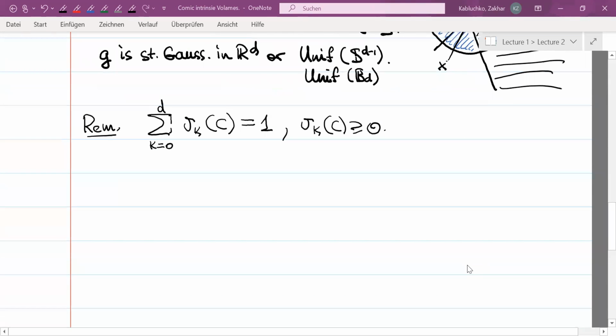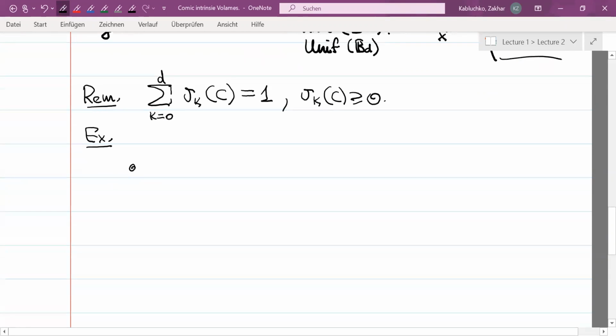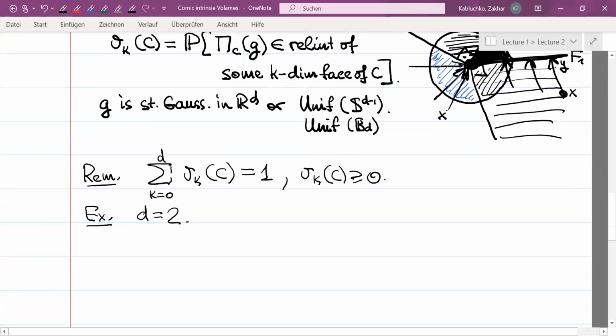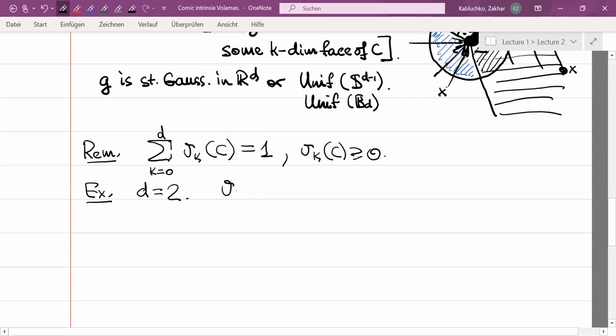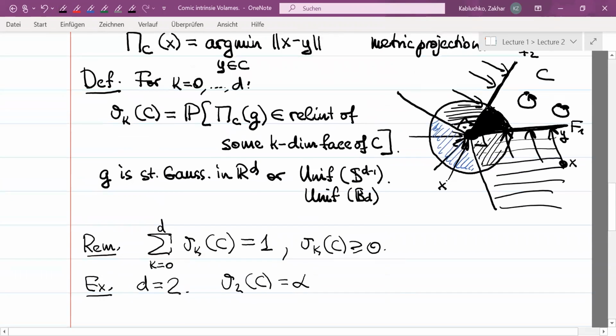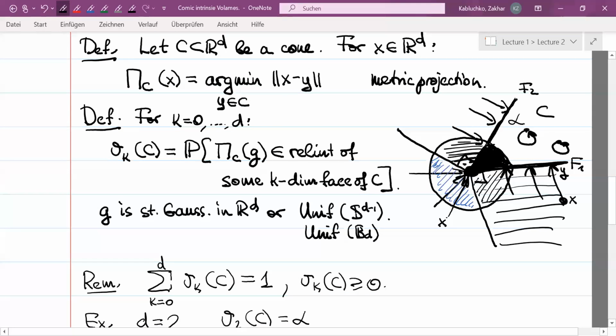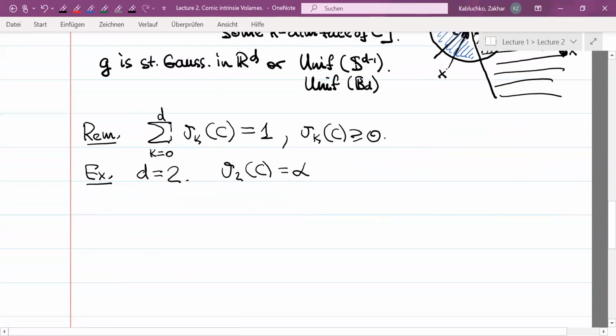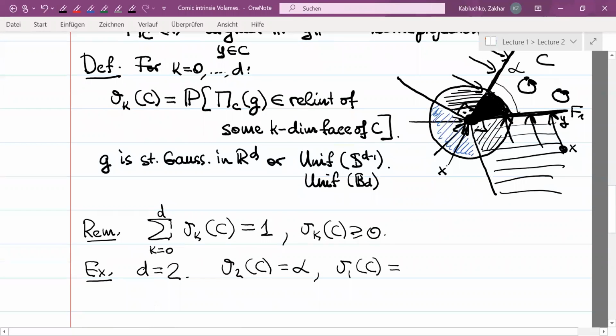Now let us consider some simple examples. First, let us look at dimension 2. In dimension 2, we have just some angle, like here on this picture, and we have already argued that the second intrinsic volume of C is just the angle itself, measured such that the full solid angle is 1. So if alpha is this angle, then this is the second intrinsic volume. Well, what is the first conic intrinsic volume?